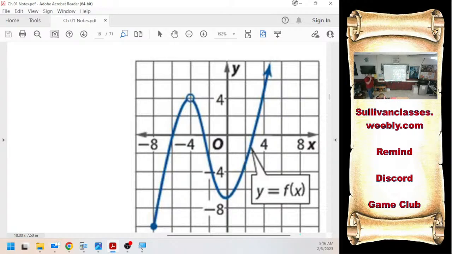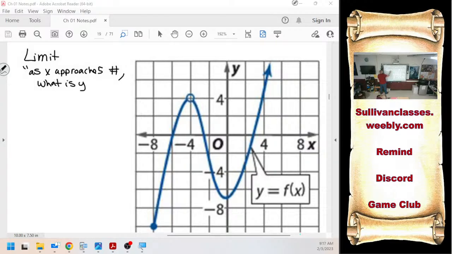So, a limit. A limit is as x approaches a number, what is y approaching?